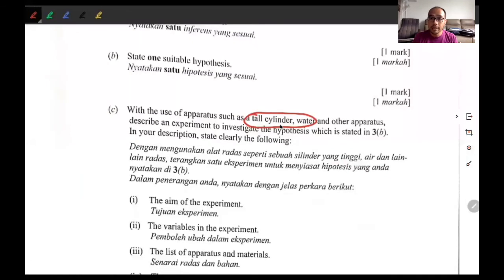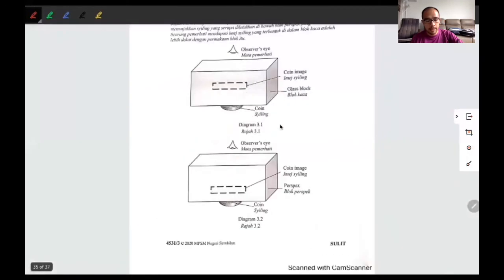This is the real depth and apparent depth experiment. Dalam nyata dan dalam ketara. Like the depth of the swimming pool kan, sebenarnya dia 2 meters, tapi yang kau nampak 1.5 meters gitulah.